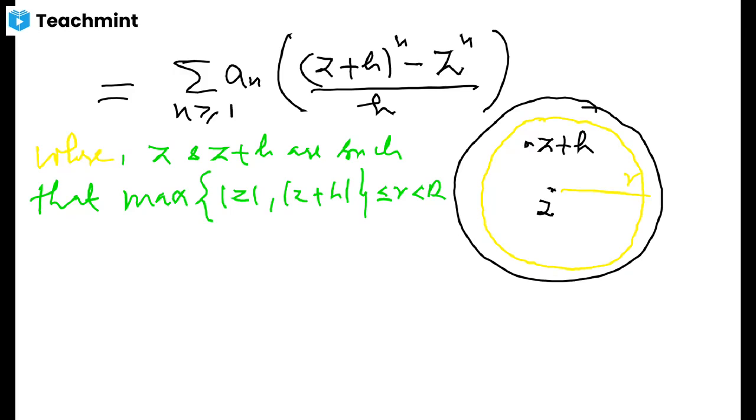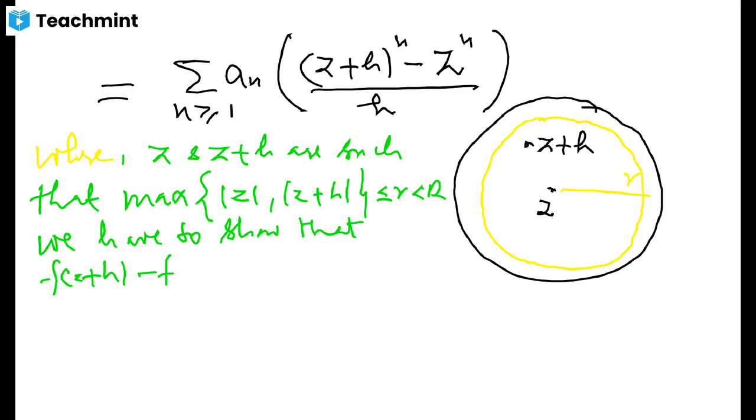So now we have to show that the modulus of f of z plus h minus f of z upon h, minus g of z, goes to 0.